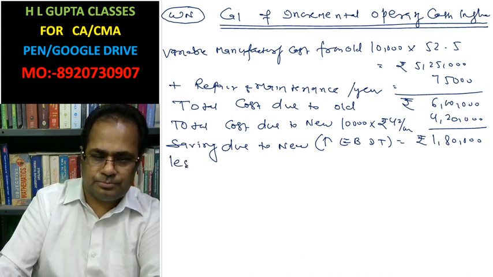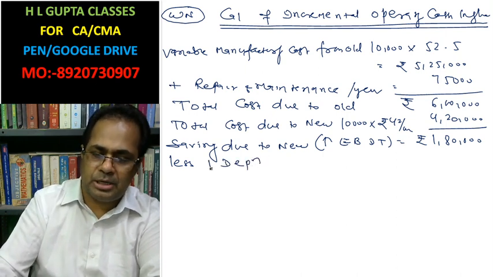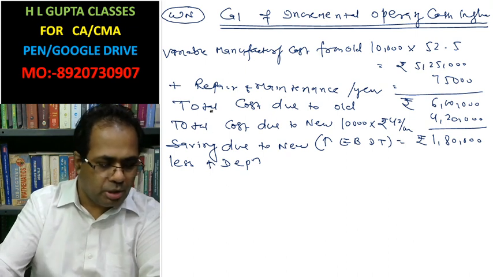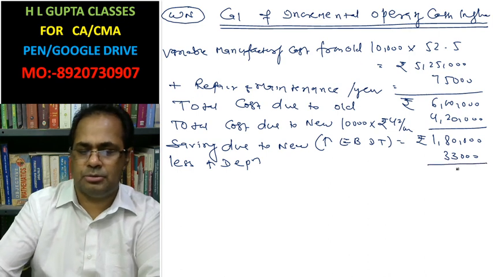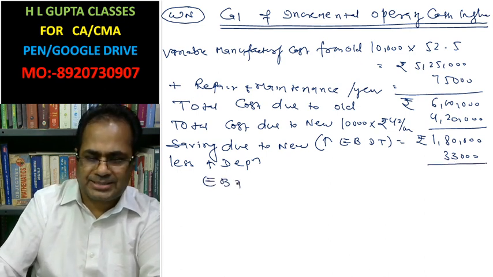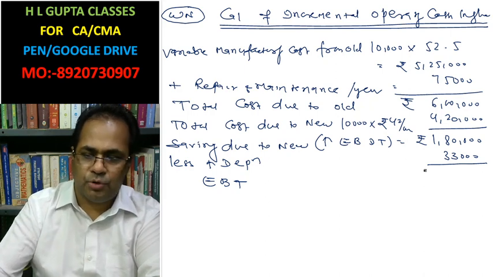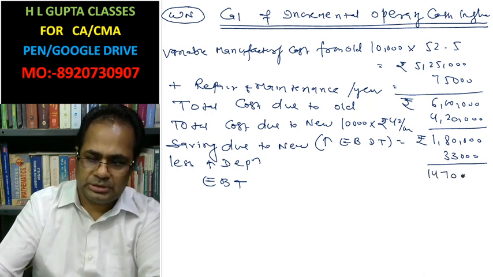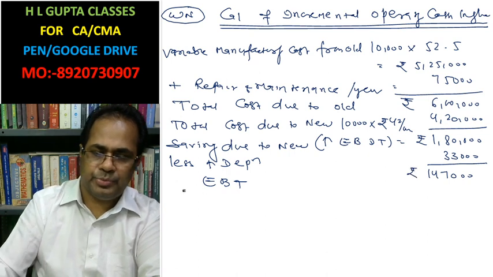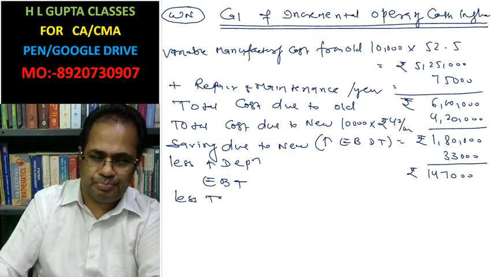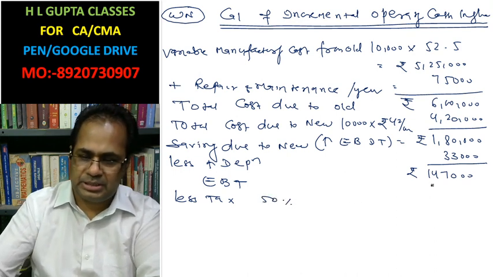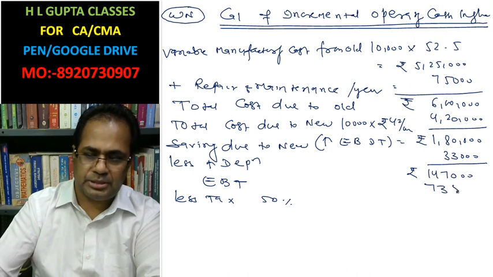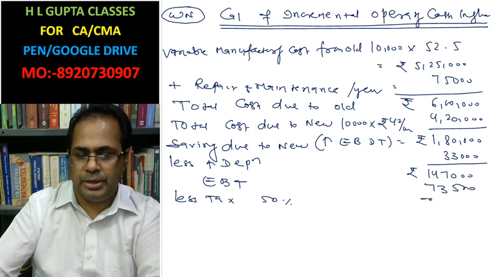Less depreciation, that is incremental depreciation, which we have already calculated: 33,000. Earning before tax 1,47,000. Less tax at 50%, 73,500.